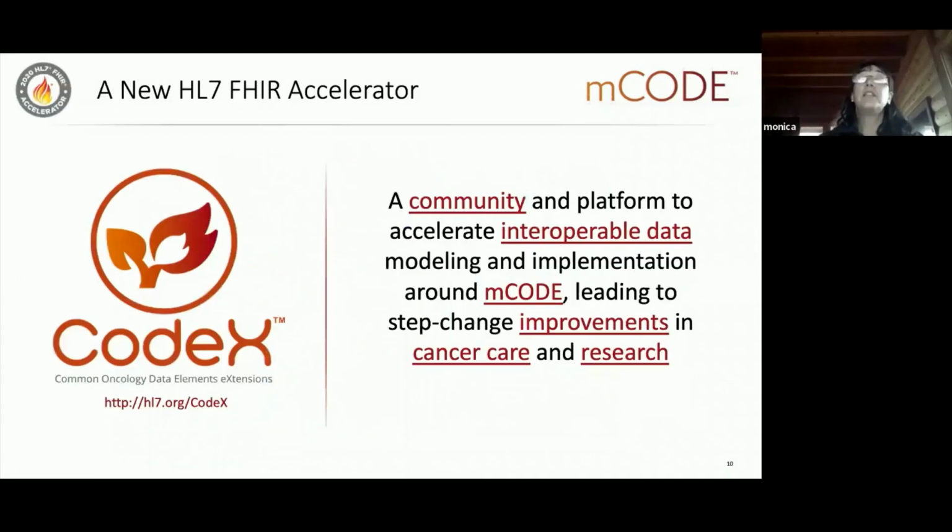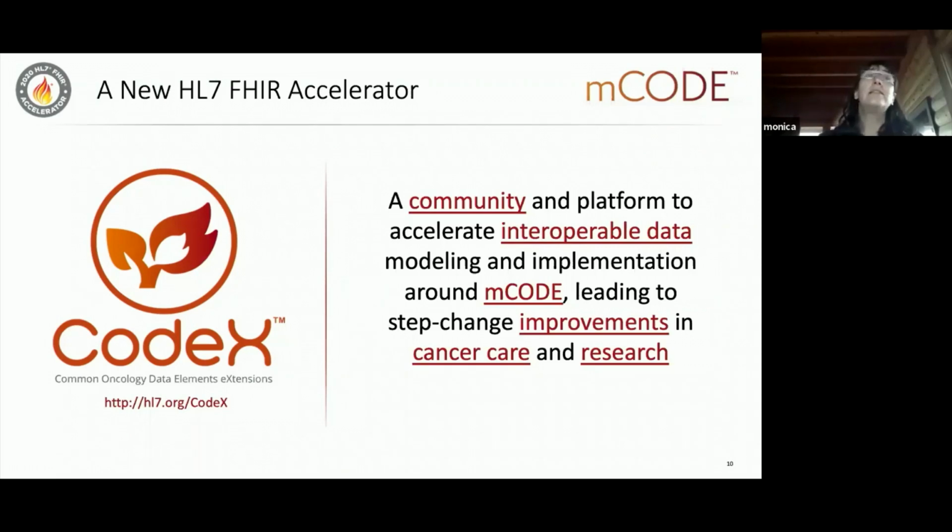In addition to the mCODE data language, there is Codex. Codex is an HL7 FHIR accelerator. It stands for Common Oncology Data Elements Extensions, and this is exactly what Codex is designed to do. It is a community and a platform to accelerate interoperable data modeling and implementation of mCODE.